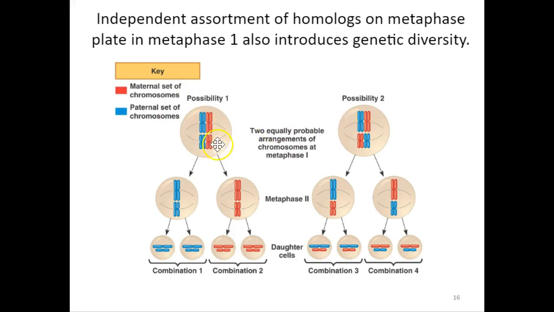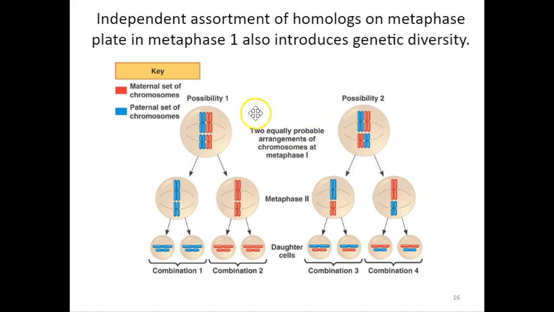Here are the homologs in their sister chromatid states. They are aligned on the metaphase 1 plate, and it's going up and down in this image. And if we say that red is the maternally inherited homolog, blue is the paternally inherited homolog, as this key is showing, then what we see is that you can have this possible configuration or this possible configuration.